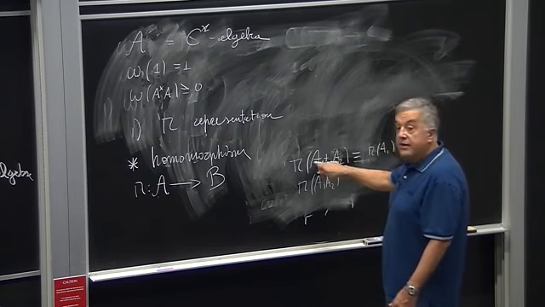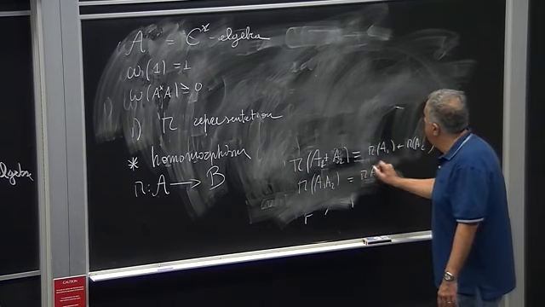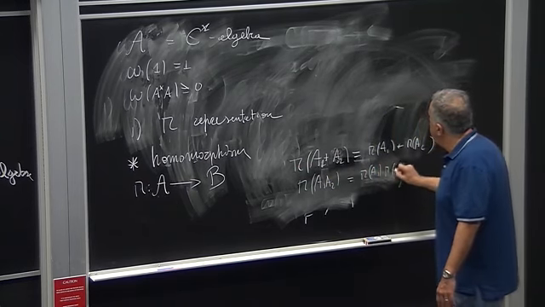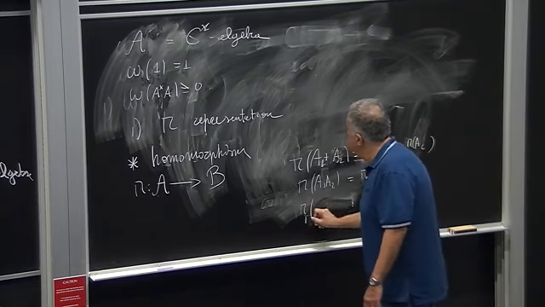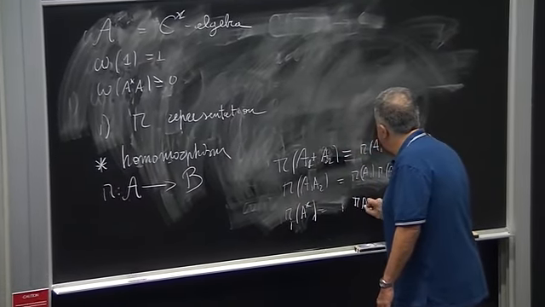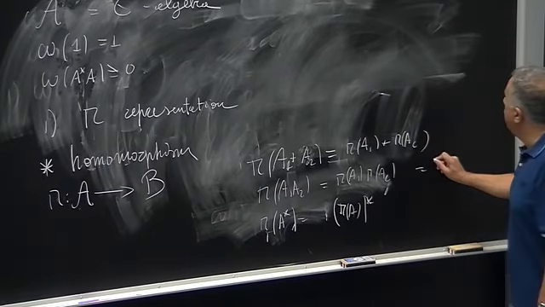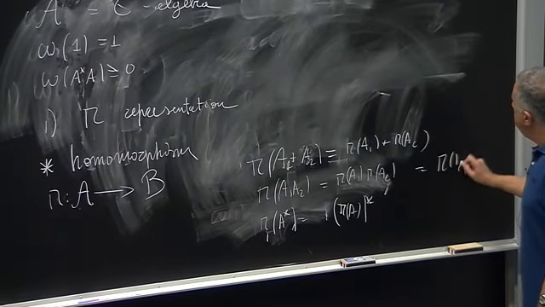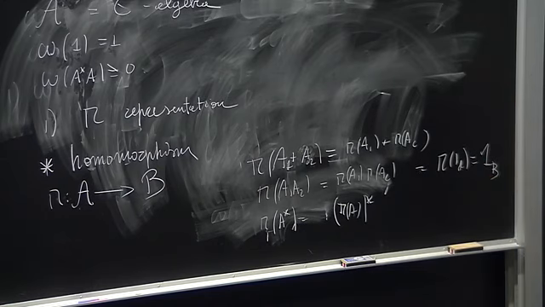P of A1 A2 equals P of A1 times P of A2, an element of the second algebra. So the algebraic structure is respected. P of A star equals P of A, star. And also P of 1 in A equals 1 in B. Okay?